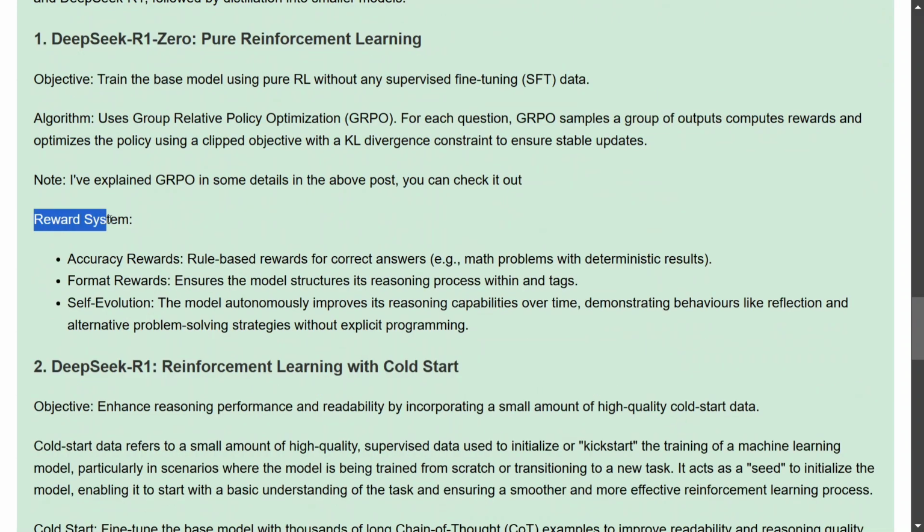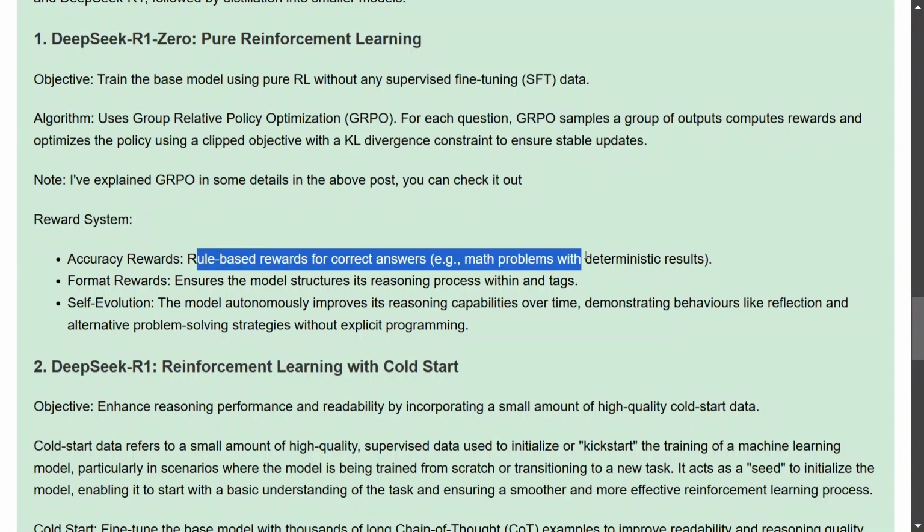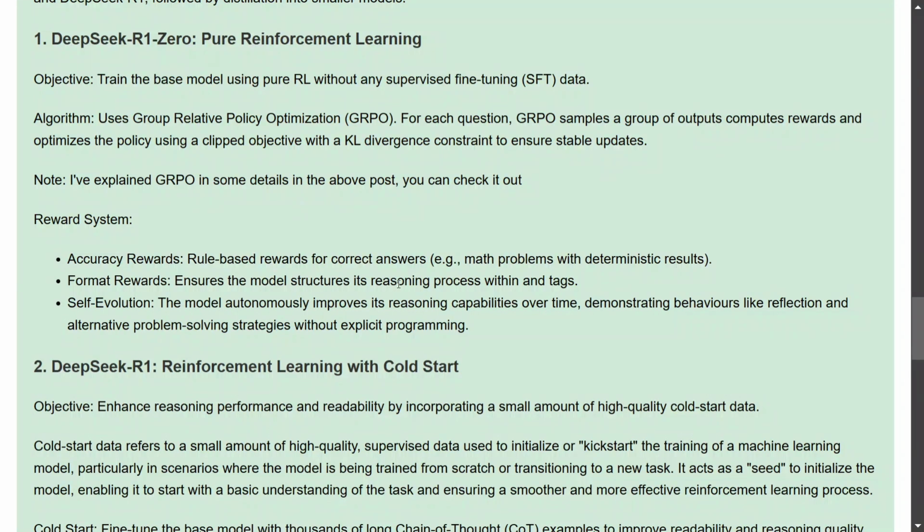How does the reward system of this reinforcement learning used for DeepSeek R1 Zero look like? It has multiple facets: accuracy, rule-based rewards for correct answers, mathematical problems are there; format rewarding, ensuring the model structures its reasoning process within tags. So there are multiple tags like think tags that are given. If the output is coming within those tags, it is giving a reward on that format also.